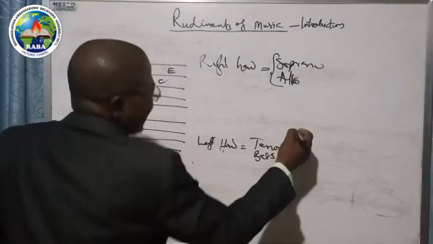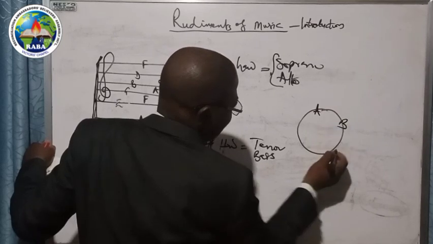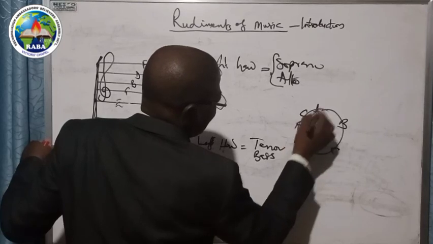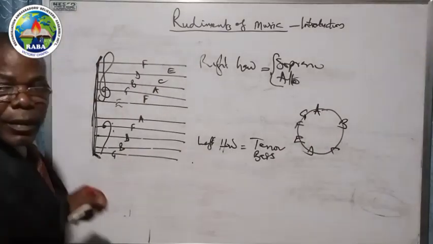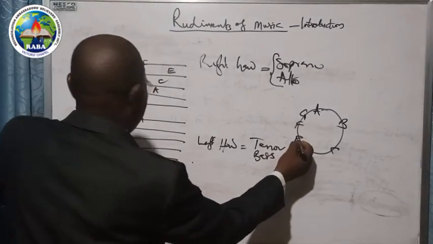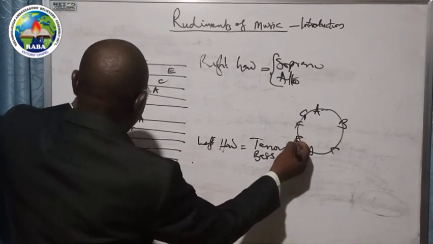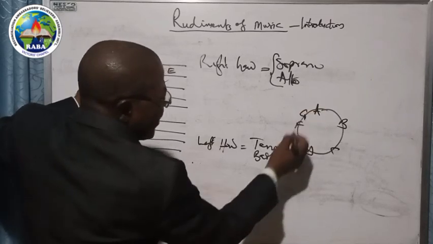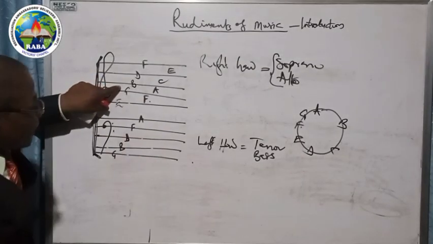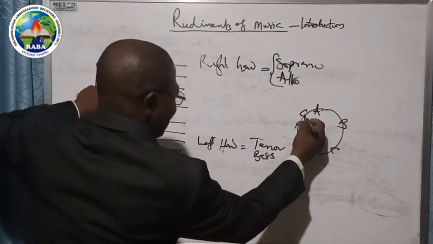For example, you say A, B, C, D, E, F, G. If E is on the line here, another line will be G, and the space in between is F. Our G is a line.